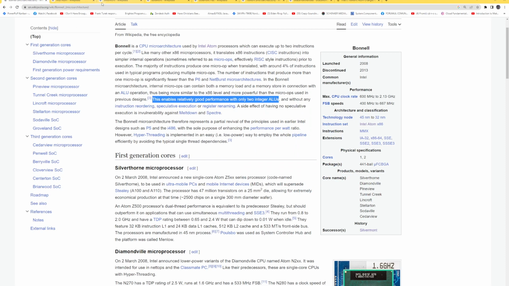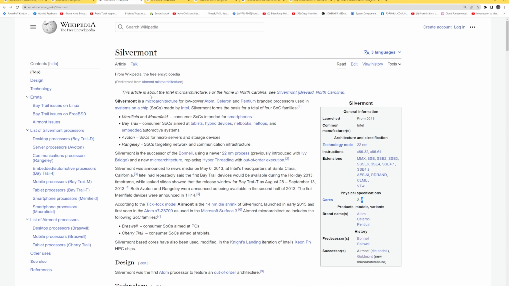The next architecture was Silvermont. It improved by using a newer process with smaller transistors, and it dropped one feature, hyperthreading, and added out of order execution. And this is very good if you want to use it in a low power server. So you can see up to 8 cores.